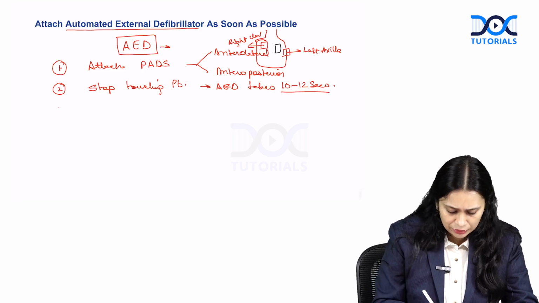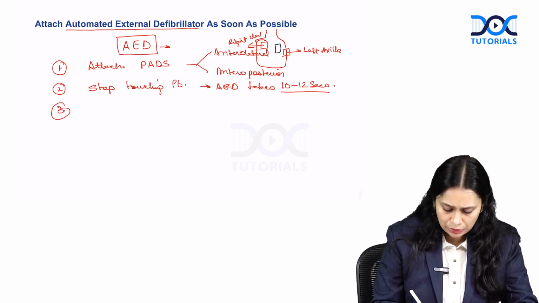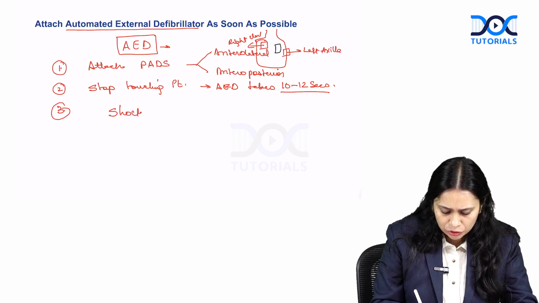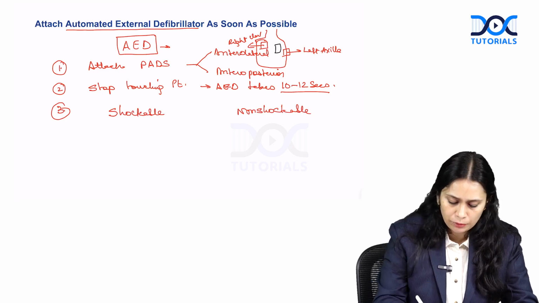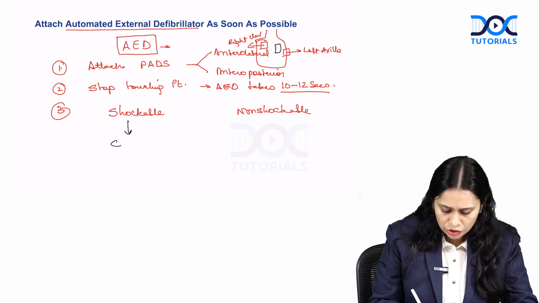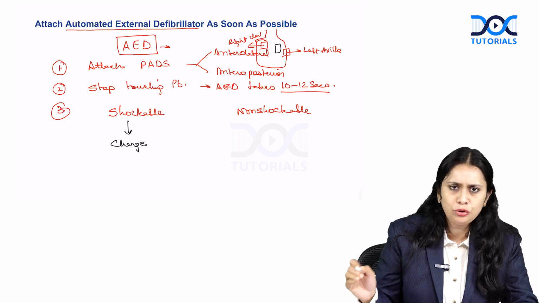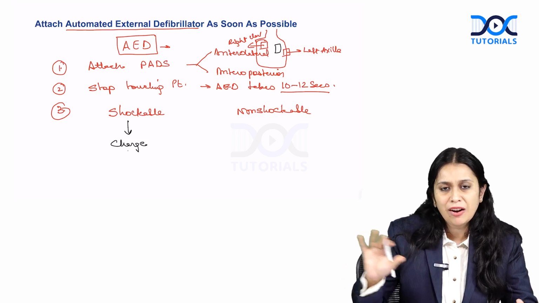After analyzing the rhythm, the next thing the AED will say is whether the rhythm is shockable or non-shockable, right? If the AED says shockable rhythm, we charge the AED. Now, we don't have to choose any voltage, anything. It is an automated device.